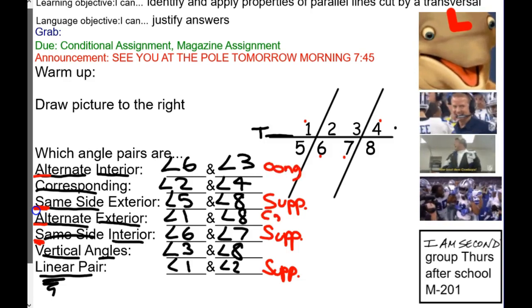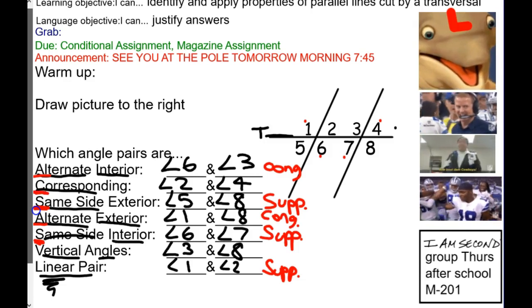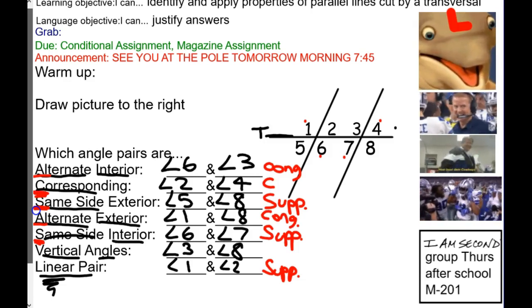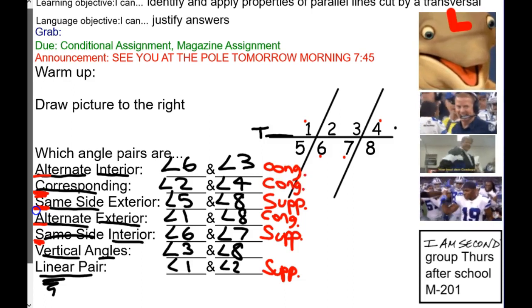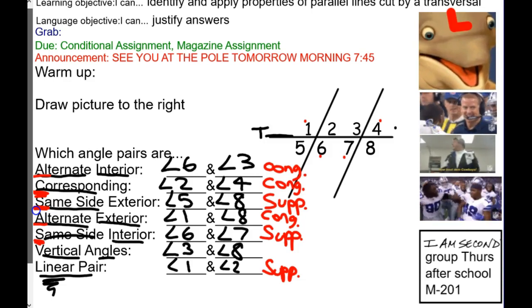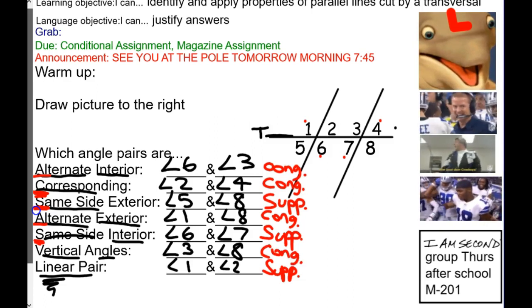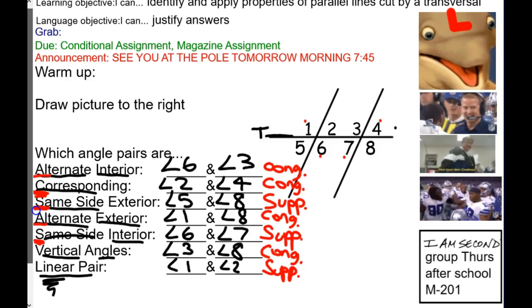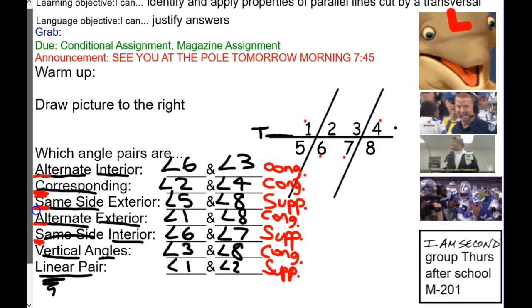Alternate exterior is congruent. And then here's some alliteration. Corresponding are congruent. And last but not least, vertical angles, we know that are across from each other, are congruent. That's from Unit 1. So that was yesterday's notes paired with what we learned from Unit 1 all together, okay?